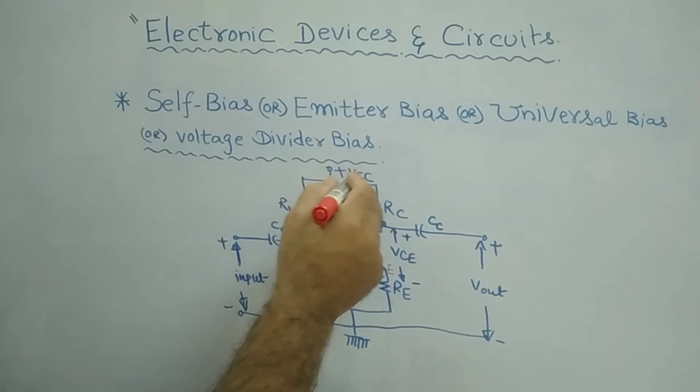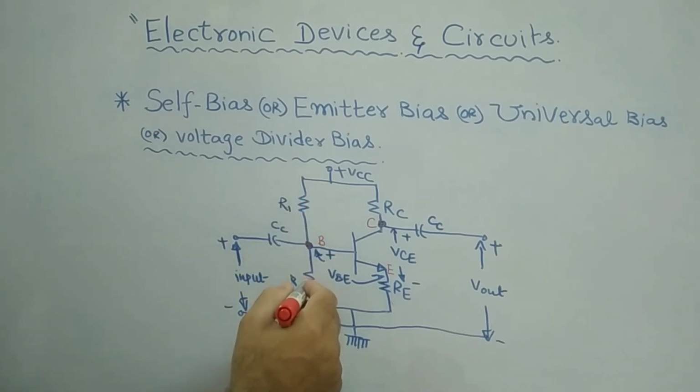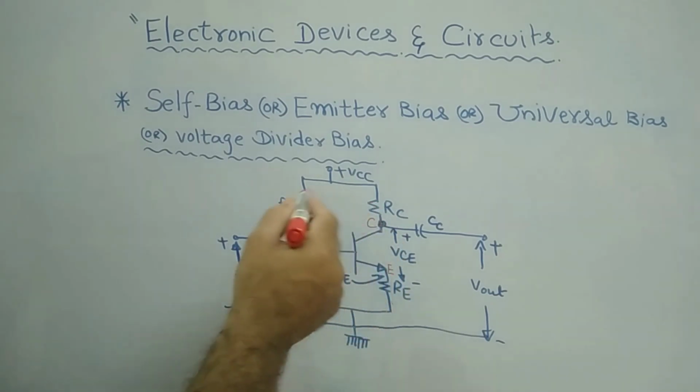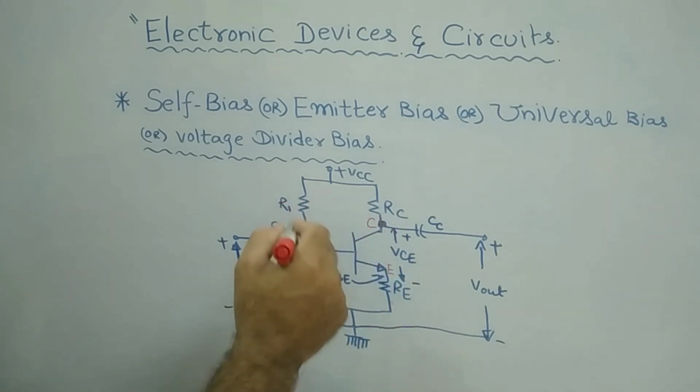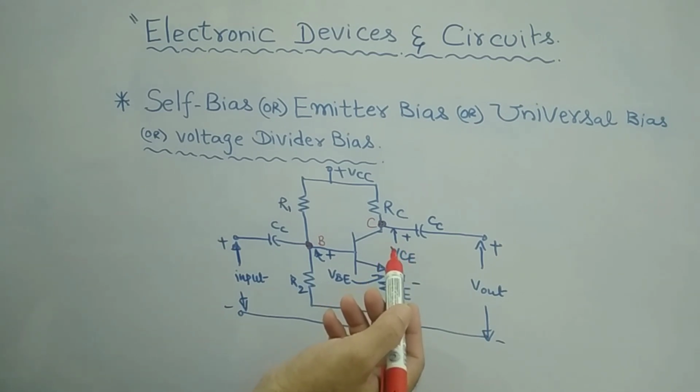This is called the supply voltage, and R1, R2, RC and RE are the biasing resistors. These are the external resistors, and plus VCC is called the biasing voltage.